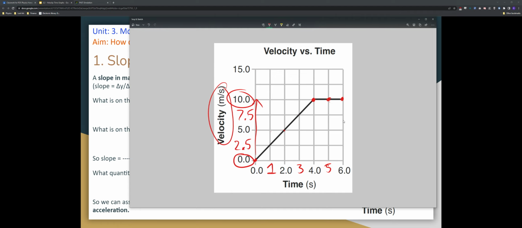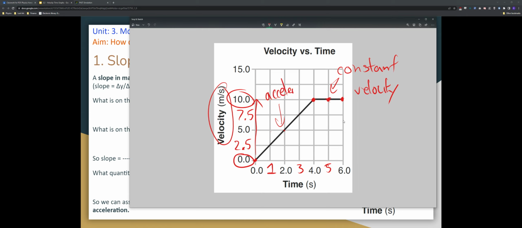And if you take a look at 4 to 6 seconds, you'll see that my velocity is not changing, which means it's constant. So I have a constant velocity from 4 to 6 seconds. And from 0 to 4 seconds, I'm accelerating. My velocity is changing.